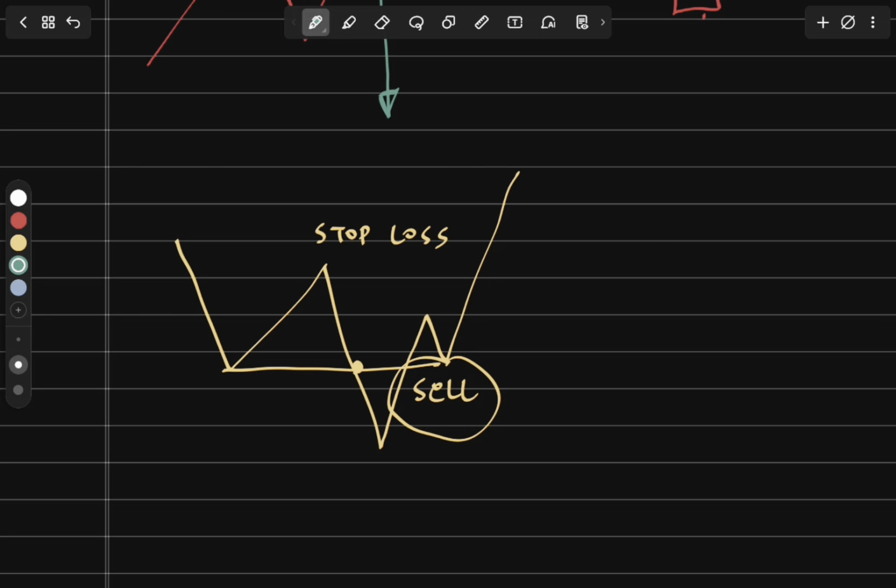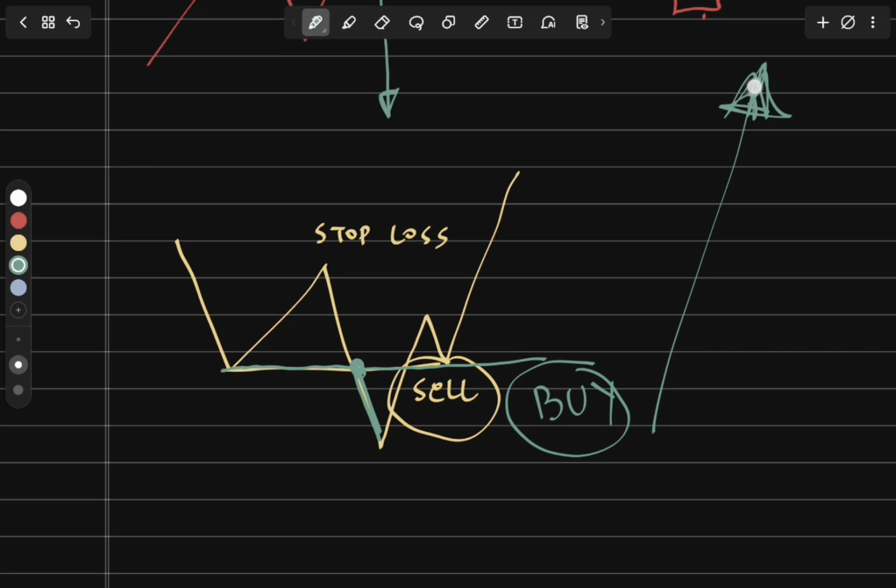And now, like 8 years later, you cannot buy a studio for some crazy amount of money. The same thing here. If the price breaks the level, a lot of people are going to be selling here, which is going to give opportunity for institutions to buy at lower prices, and now they're going to push harder to the opposite side.